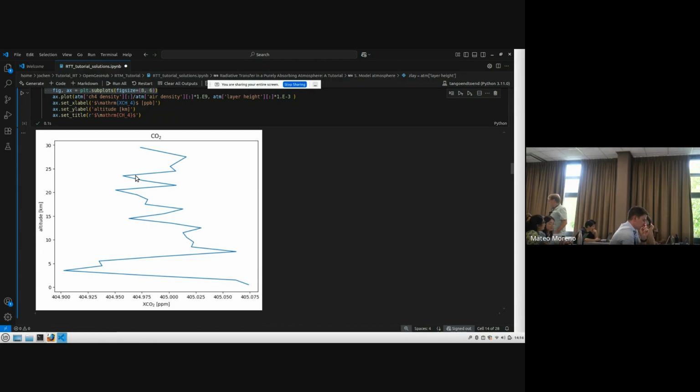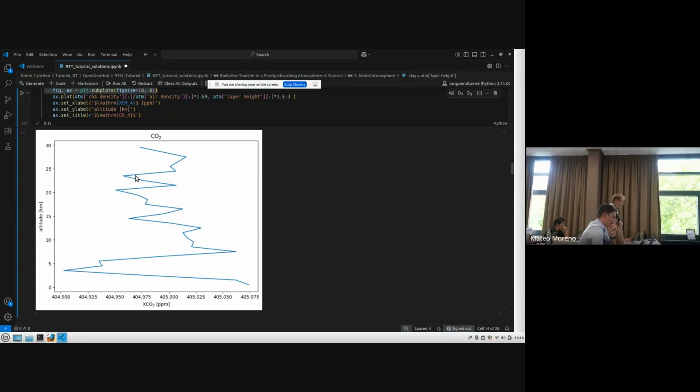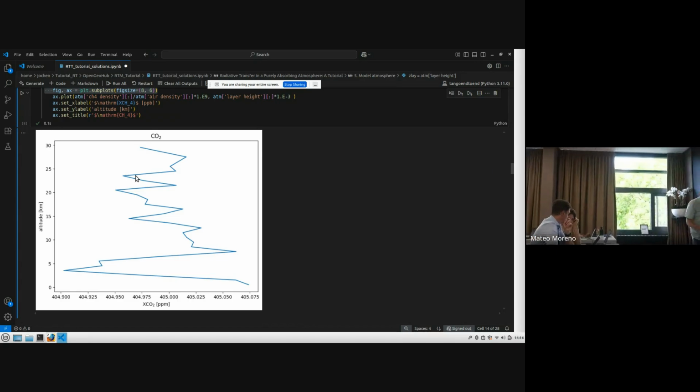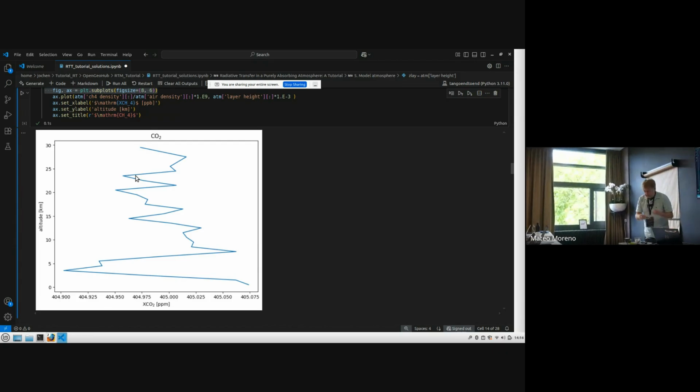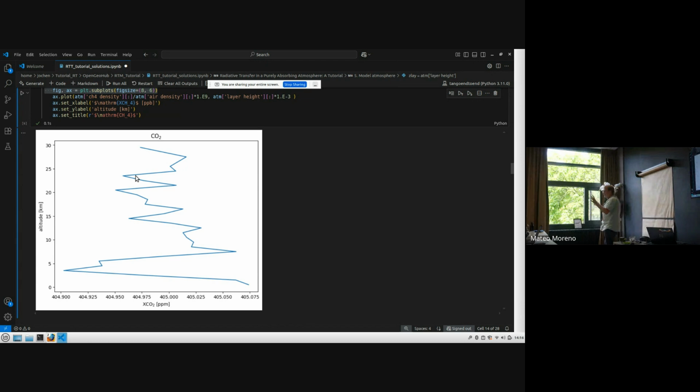Okay, I think we continue now because I want to discuss something. I see most of you managed. So you've seen the profile. That's your CO2, and it looked a bit like this. CO2 has an extremely long lifetime in the atmosphere.